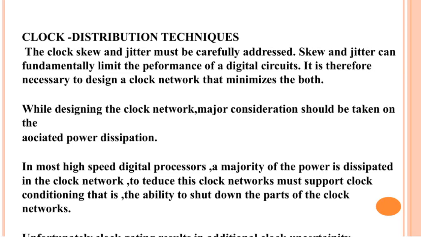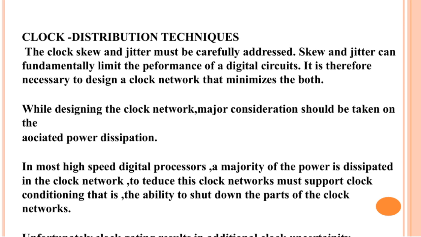When dealing with clock distribution techniques, it's crucial to carefully manage clock skew and jitter because these factors can significantly limit the performance of digital circuits. Minimizing both skew and jitter is essential for a reliable and efficient clock network design. Another important aspect is power dissipation. In high-speed digital processors, the clock network is typically where most of the power is consumed.